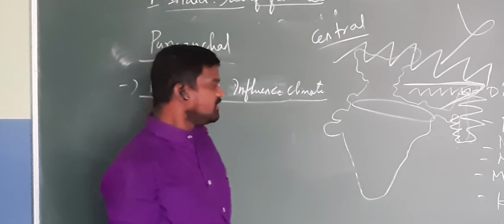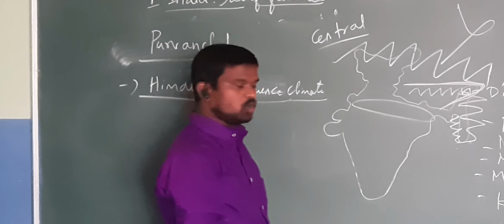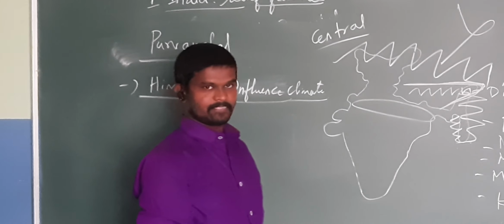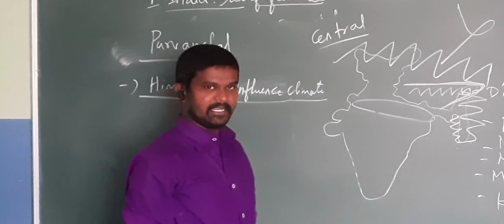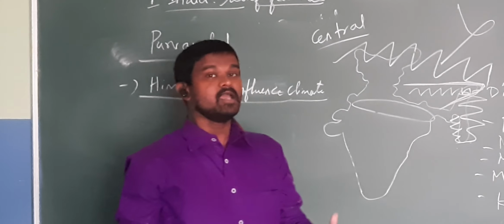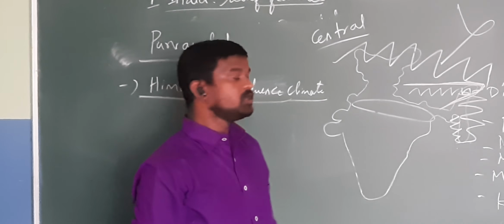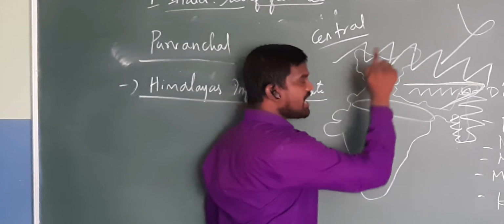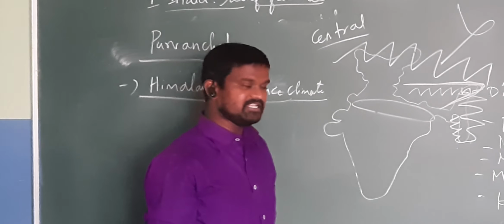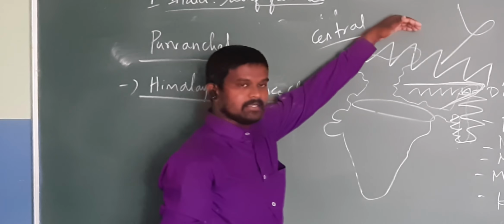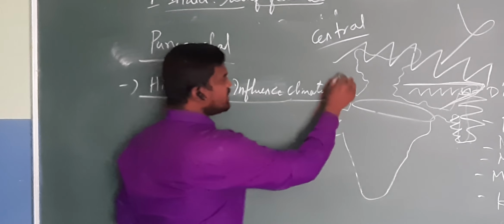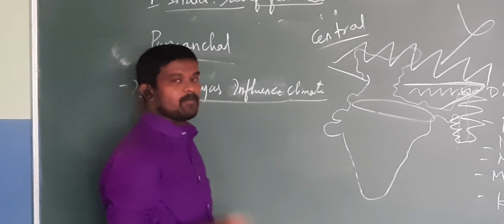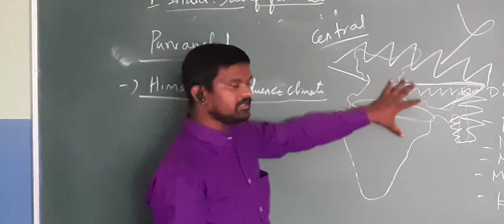India already has cool temperatures during the winter season. If these cold winds entered our country, it would become very severely cold. That's why the Himalayas act as a barrier, stopping the cold winds from entering the northern plain. The Himalayas also cause summer rain in the northern plain.